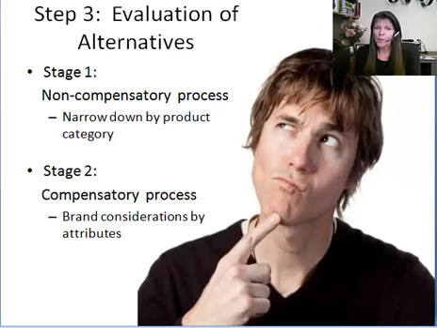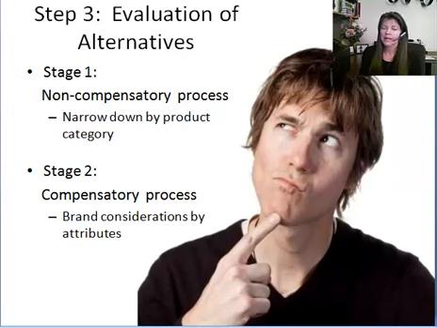So stage 1 is a non-compensatory process, and it is simply first narrowing down the choices by product category. For instance, let's say that you're thinking about getting a beverage. You've decided to buy a beverage. At this point, you might decide to only consider caffeinated beverages or just non-caffeinated beverages, right?